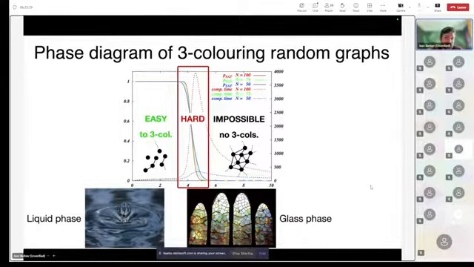The physics of these hard phases, these kinds of phase diagrams, are deeply connected to physics. You can think of this easy coloring region, or the easy phase in an inference problem, as a kind of liquid phase, where the particles in a liquid are interacting just locally.